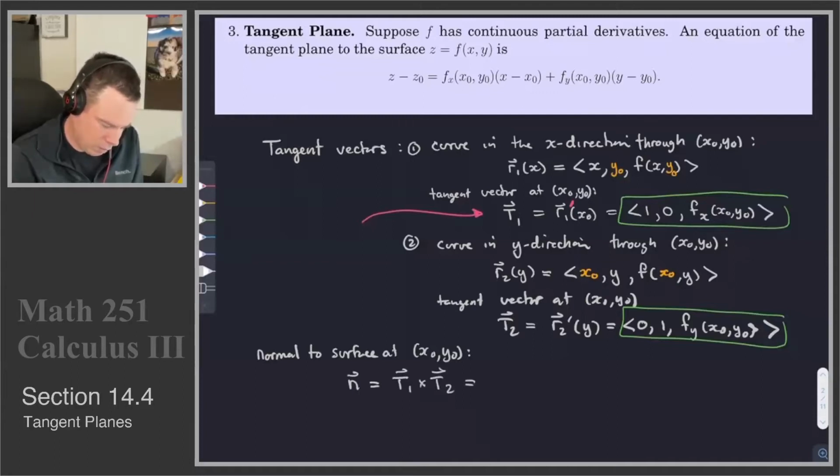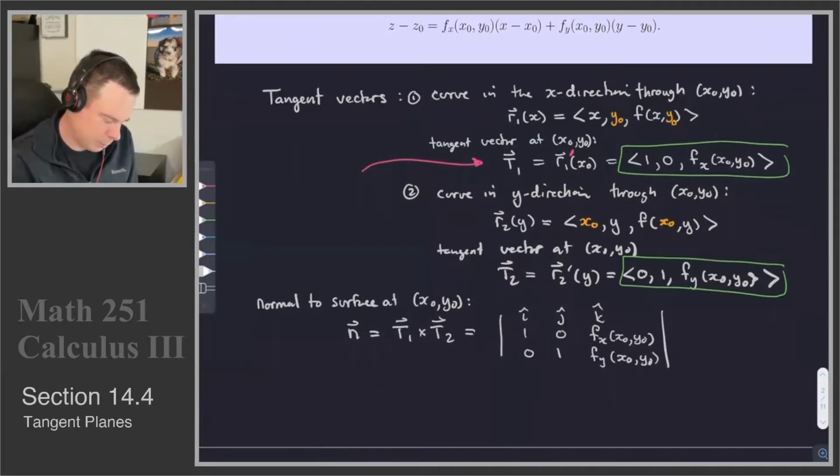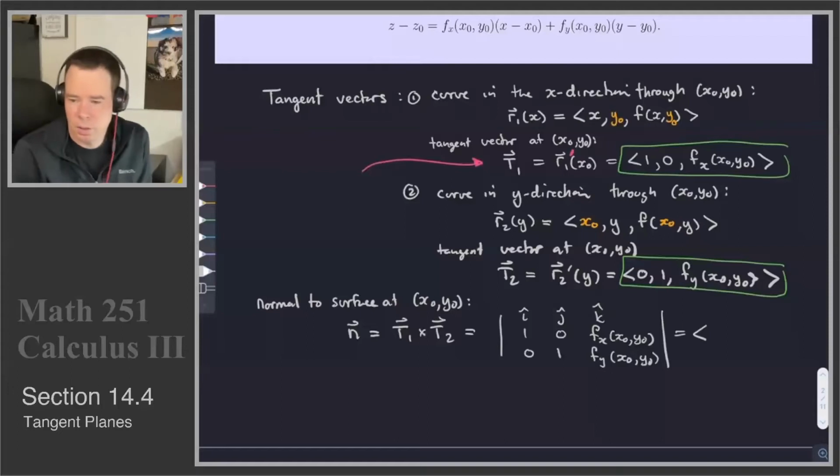And so that's going to be i hat, j hat, k hat, 1, 0, f sub x at x naught, y naught, and 0, 1, f sub y at x naught, y naught. That's our cross product we want to take. So we'll go ahead and take our cross product.